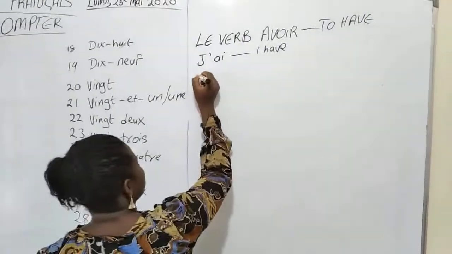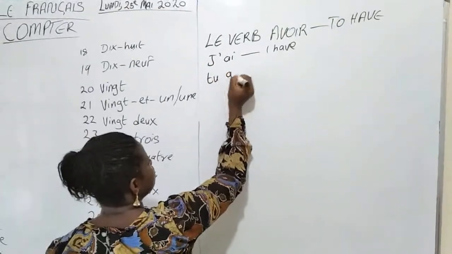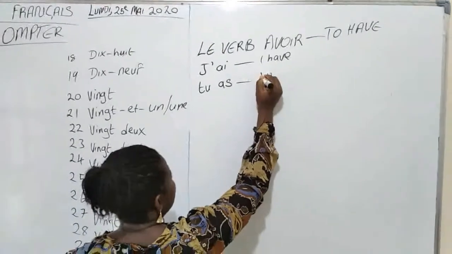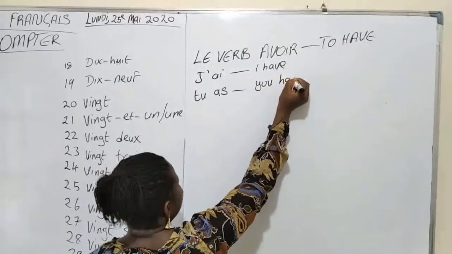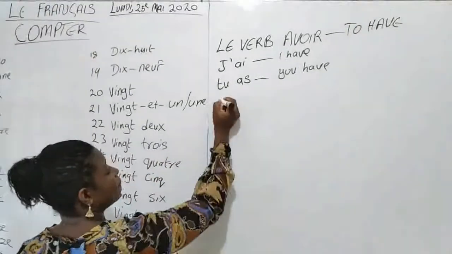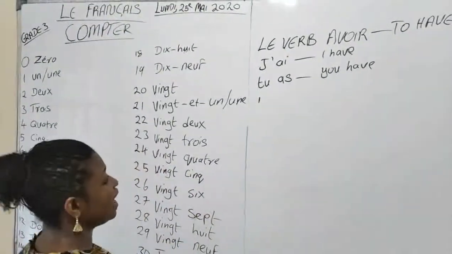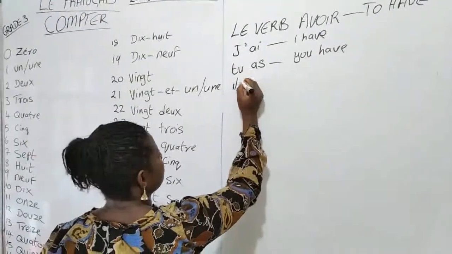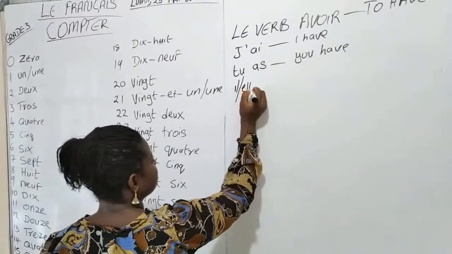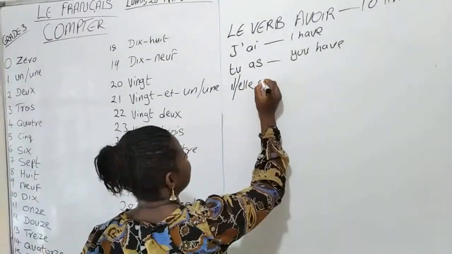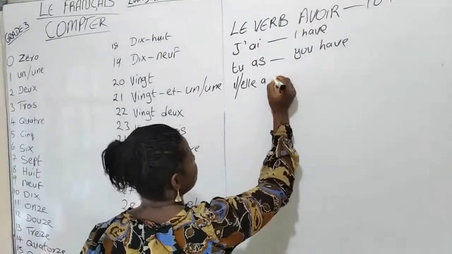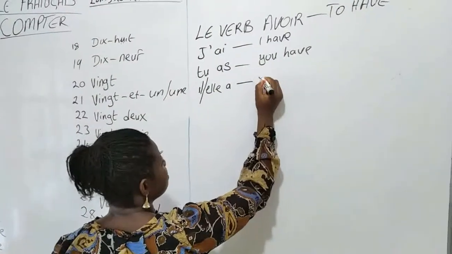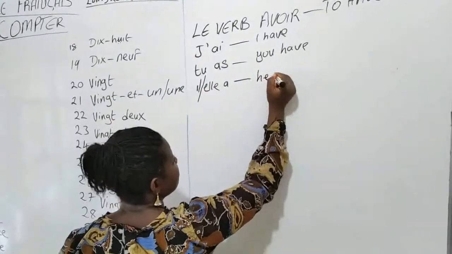Okay, the next one is tu as. As means has, he has.